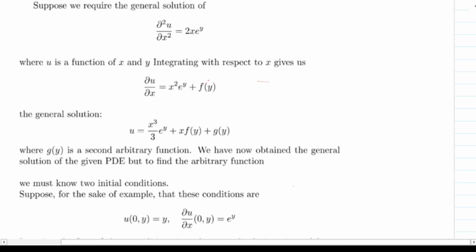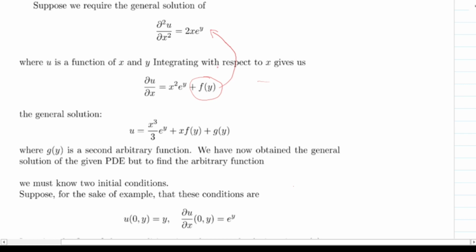Here I deliberately put f of y because you can think in two ways. Whenever you integrate with respect to x, you have to put a constant with respect to y. To get a better idea, think the reverse way. When you differentiate partially with respect to x, you should get this function back.